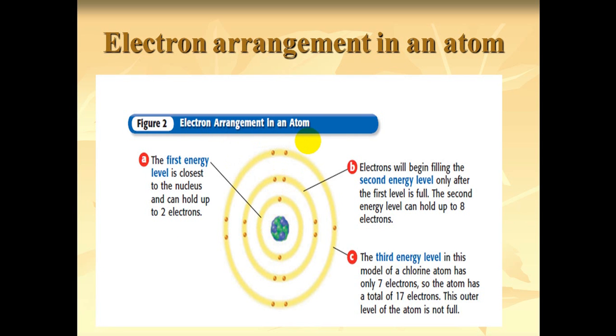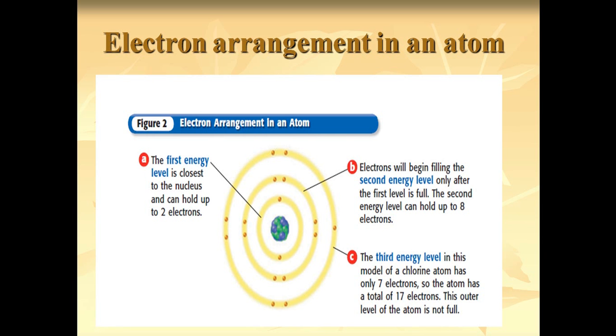It can't hold more than 8 electrons. So if we distribute 17 electrons on these 3 energy levels, the first energy level will take 2, the second will take 8, so 2 plus 8 is 10, and the outer level will take only what is left from the 17 electrons, which is 7.